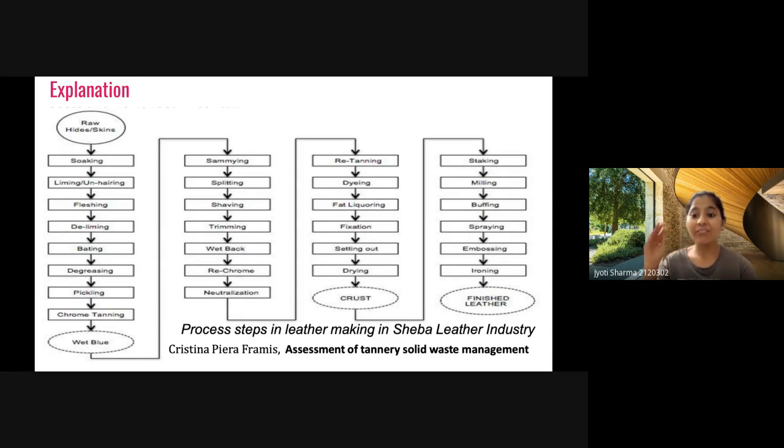So these are the different steps, and as I told you, at each step we will have wastewater with very high BOD and COD. Step by step we will see what soaking, liming or bating mean, and what kind of waste is produced in each of these steps.